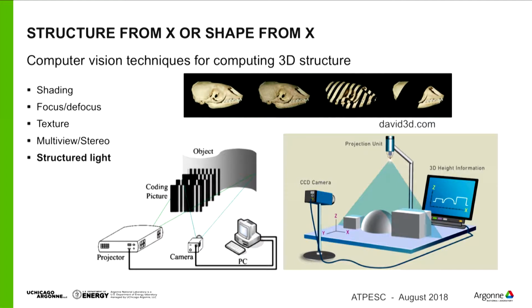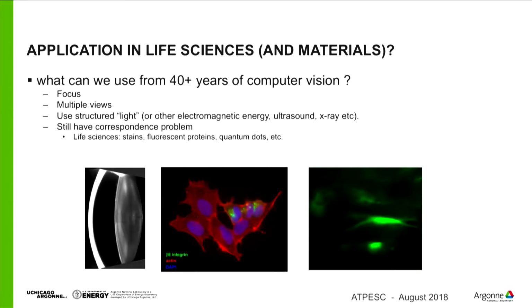A nice, very simple example, actually used in a lot of industrial systems for process control, is you shine a sheet of light, and if everything's nicely calibrated, you can see the profile that the camera would see of where the light hits the objects, and the height in the image is equivalent to the height of the object, so you get 3D information. And then if you move the objects around, you get 3D models. So structured light, again, is something that we are starting to look at.